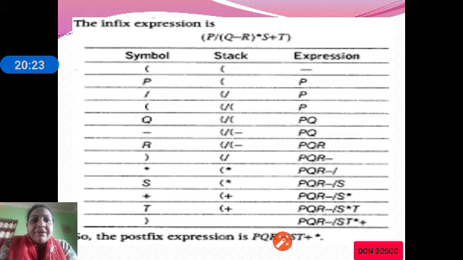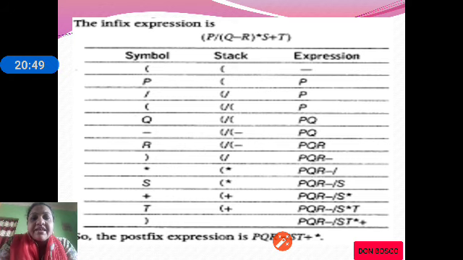Again there is a left parenthesis after slash, it will go to stack. The next scan symbol is Q. Q is the operand, so it will go to postfix expression. The next scan symbol is minus, so minus will go to stack. The next scan symbol is R. R is an operand, so it will go to postfix string.